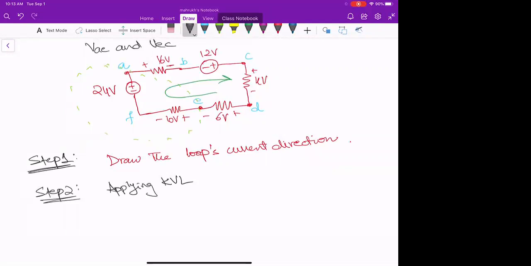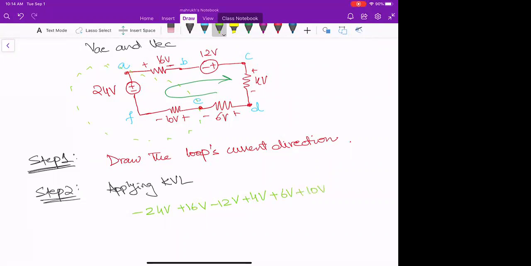Just write the whole equation, okay? It is 24 volts plus 16 volts minus 12 volts plus, wouldn't it be 4 minus 24 volts? Yes, it is. I just deliberately did that so I would know that you're awake.